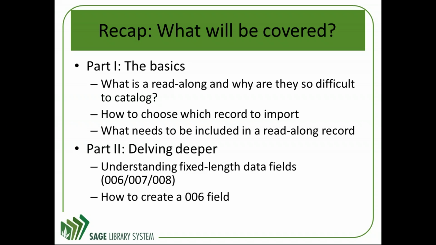I haven't been able to use them all the way yet, but I'm getting to see all of the possibilities of what we're going to be able to do as we go deeper with this. So keying in the 006, keying in the 007, paying attention to the 3XXs, and of course adding the read-along 690. I love that.